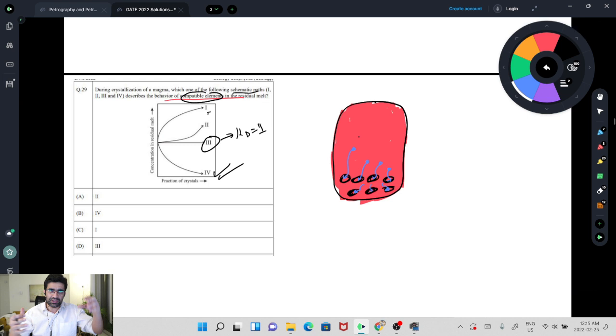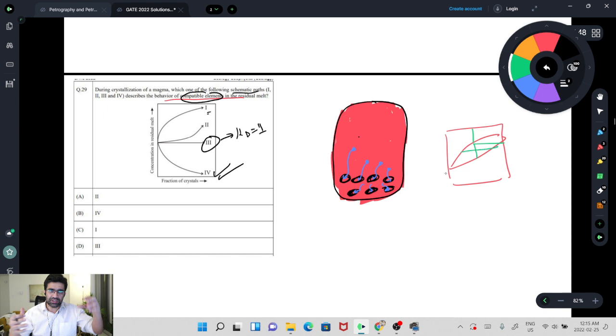Now you remember that in the case of plagioclase crystallization as well, from magma, Na is relatively more incompatible than Ca. So in the residual melt, the concentration of the incompatible one keeps on increasing, whereas that of Ca keeps on decreasing.